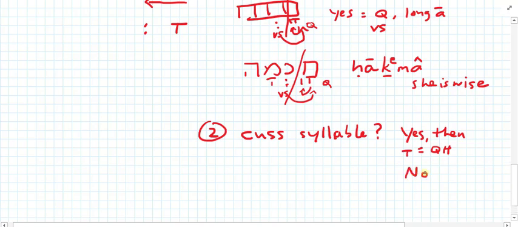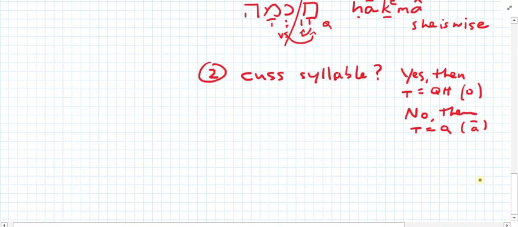Okay, so no, then this is a qames. Remember: qames-hatup, short O; qames, long A. All right, so let's work some examples here, and we'll start with one of our new verbs.